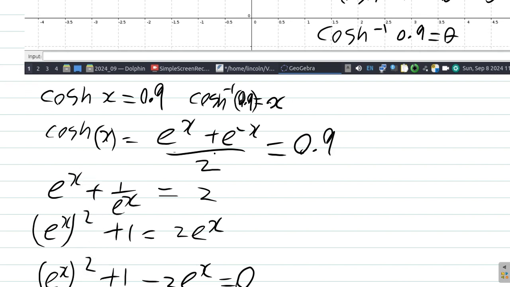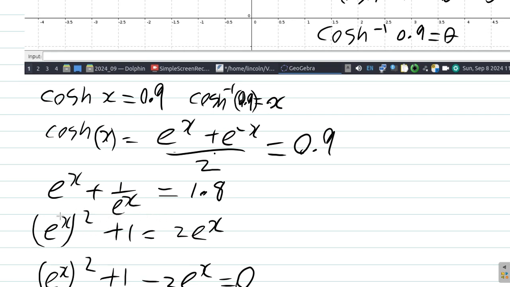Now, e to the x plus e to the negative x. In this case, if we multiply both sides by 2, 2 times 0.9 is 1.8. Alright?